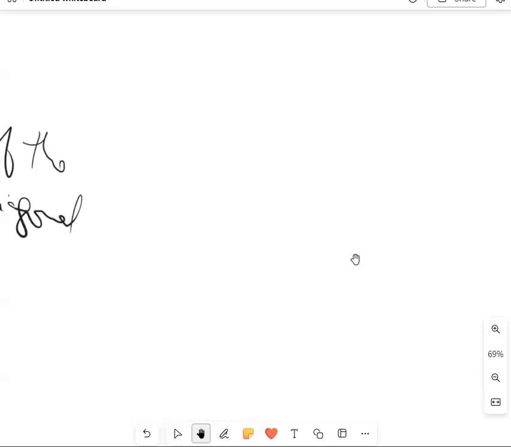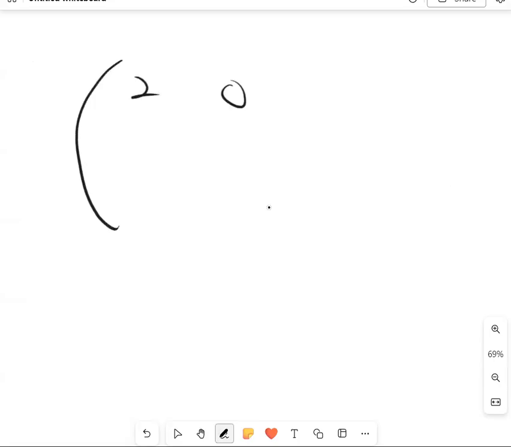Like maybe you can have some like 2, 0, 0, 2, right? The leading diagonal elements are not 0. All the others are 0. The unit matrix is just a special type of diagonal matrix, right?